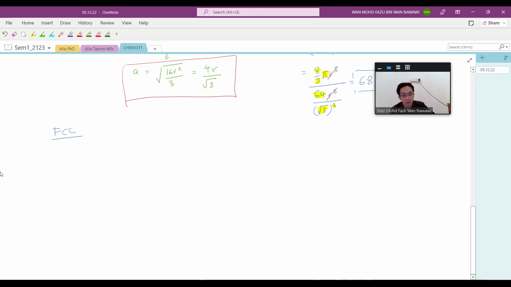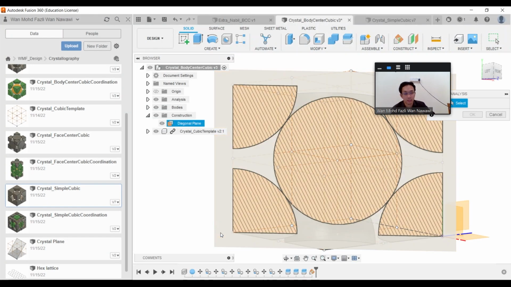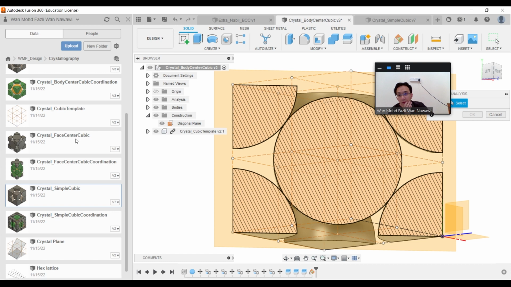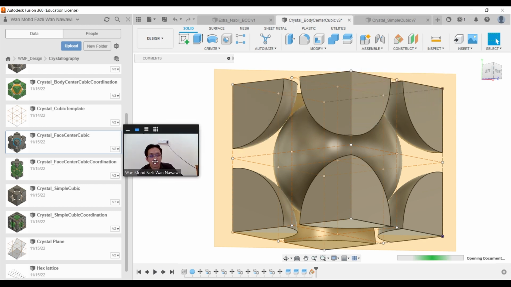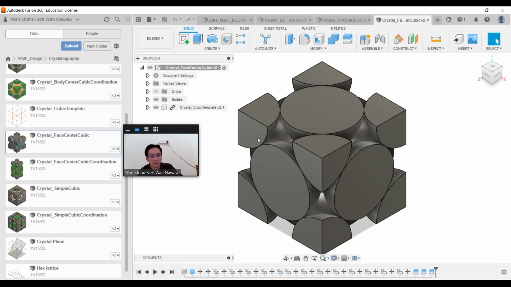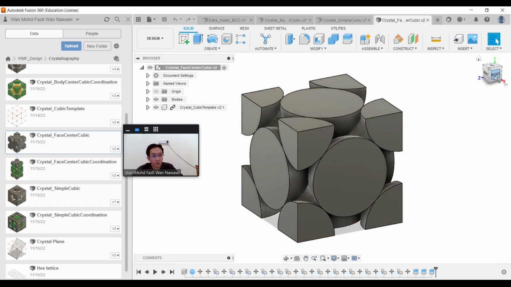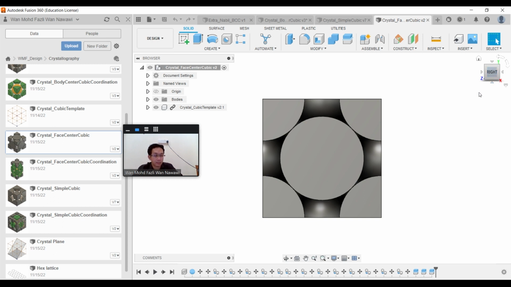If you look at the edge, you can see the corner still doesn't touch another corner. This corner doesn't touch this corner, but there is an atom in the middle, right in the middle.